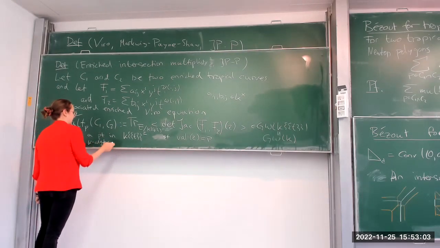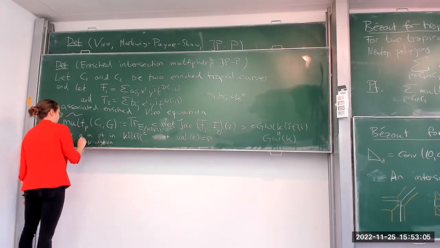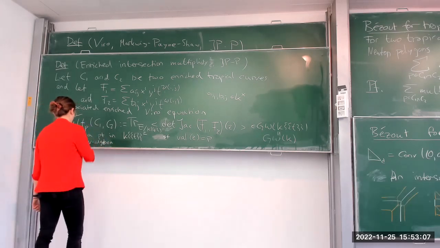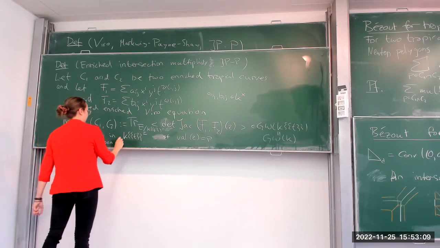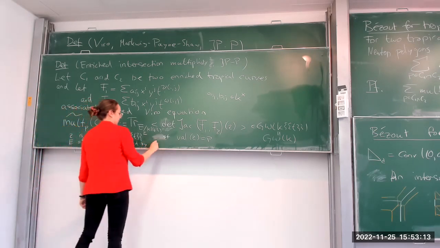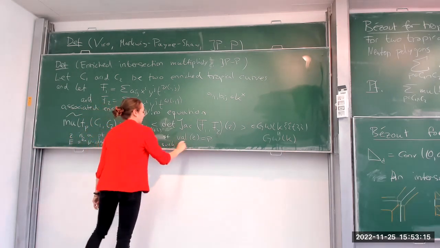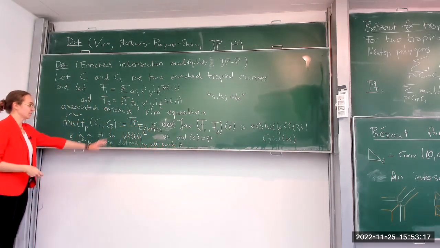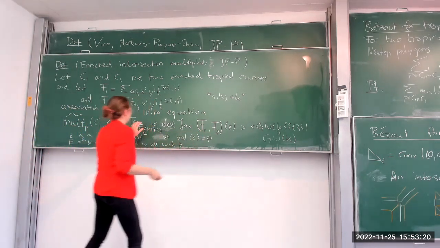So this would be a finite K-algebra, defined by all of these. All such C. It doesn't matter which C we pick.